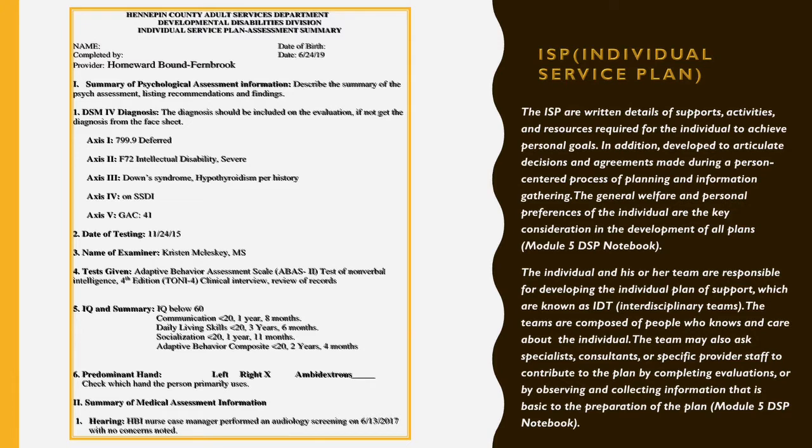Now, the IDT, which is the interdisciplinary team, is ultimately responsible for assessing and documenting each person's personal choice and preference, significant health care, mental health or behavior needs and related maintenance needs, and also safety and financial skills.